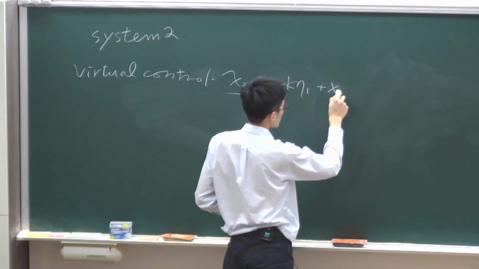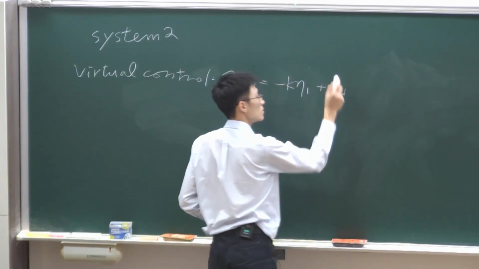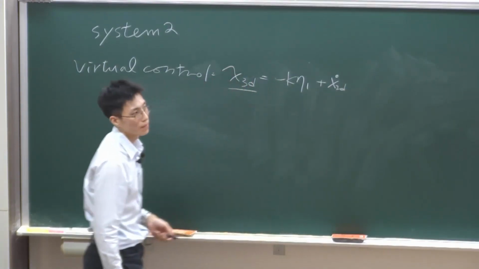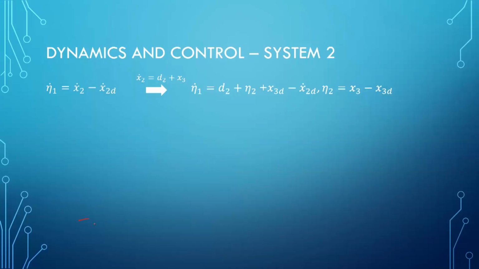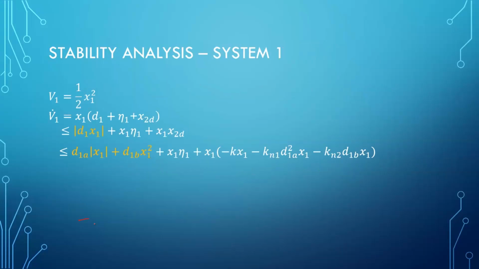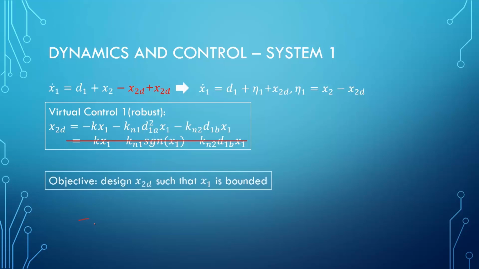So you put x2d dot, right? But what is x2d dot? It's from the first system, right? So in the first system, x2d dot is the time derivative of virtual control 1, right? And here we say you can design x2d as high gain or, as a second option, with high frequency.